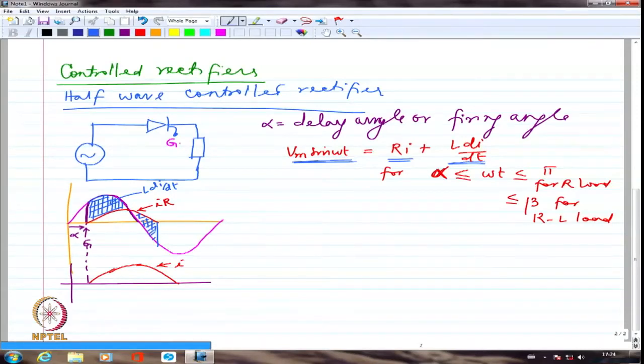Until di by dt was positive, inductance was storing the energy. Once it has reached the peak and Vm sin omega t equal to IR, there is no more energy that can be given to inductance. So now inductance is pitching in and trying to give back some energy.